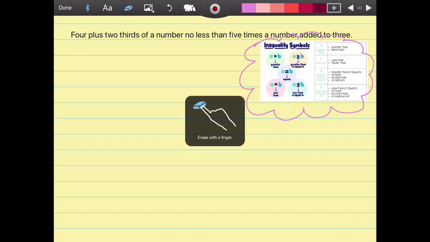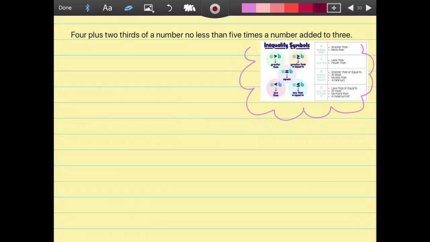So first, let's look at this statement here. I want to find the inequality symbol that separates the left and the right side. Here it says no less than. That's my inequality symbol. Then I just have to identify which symbol is associated with this vocabulary.